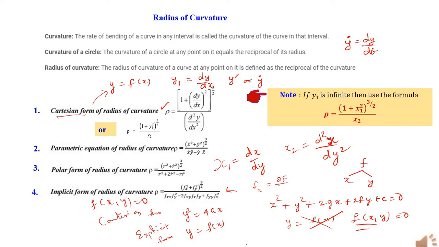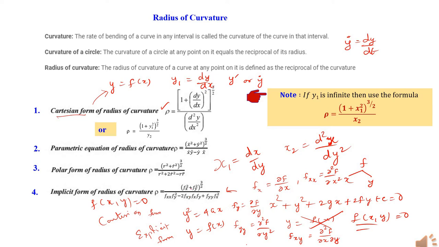So in such cases you need to talk about partial derivatives. f suffix x stands for dou f by dou x, f suffix xx stands for dou square f by dou x square, f suffix y stands for dou f by dou y, f suffix yy stands for dou square f by dou y square, and f suffix xy stands for dou square f by dou x dou y.